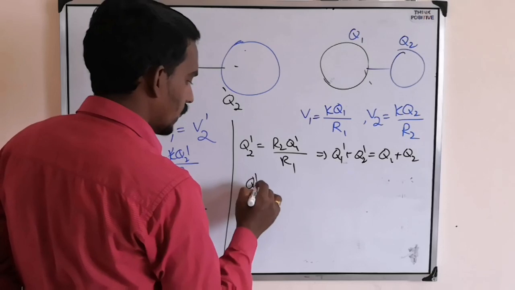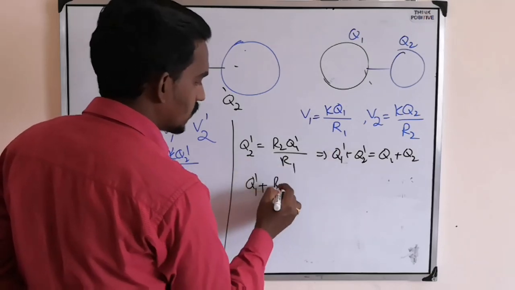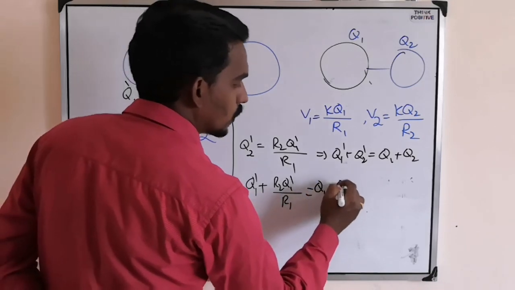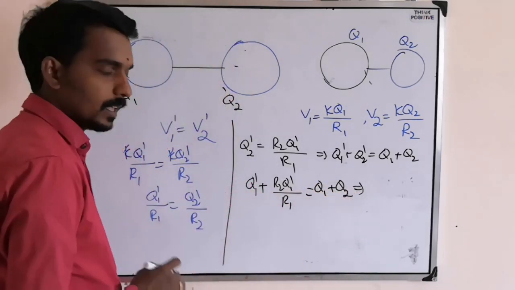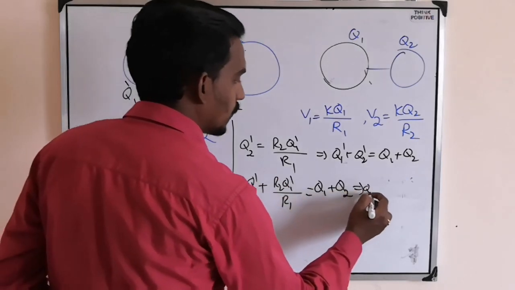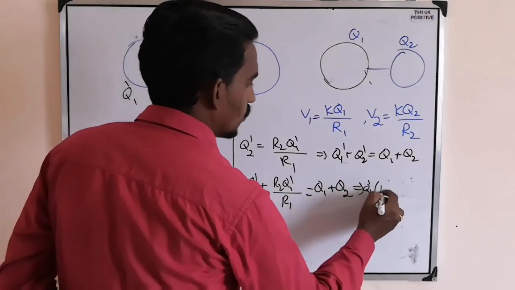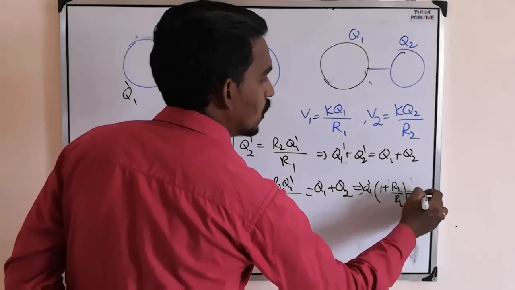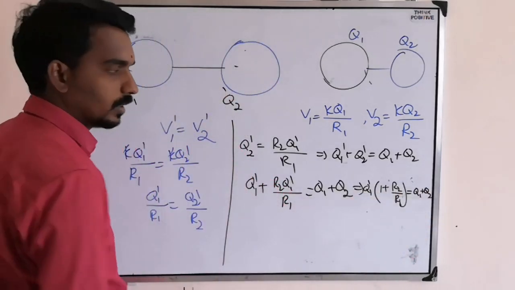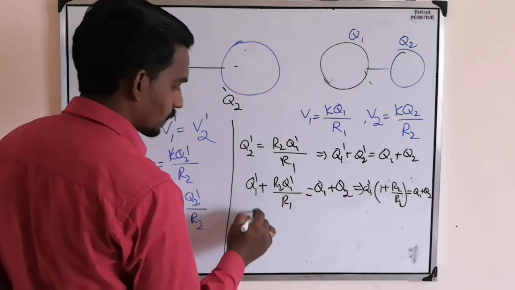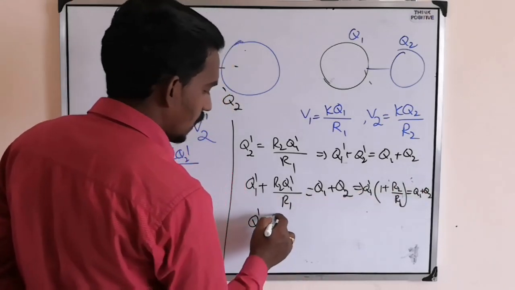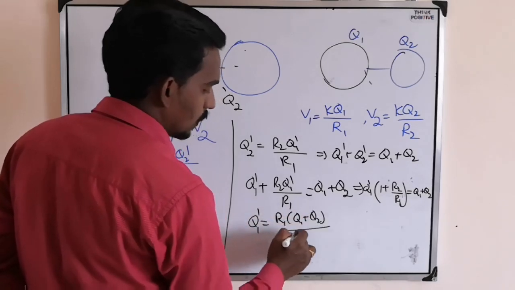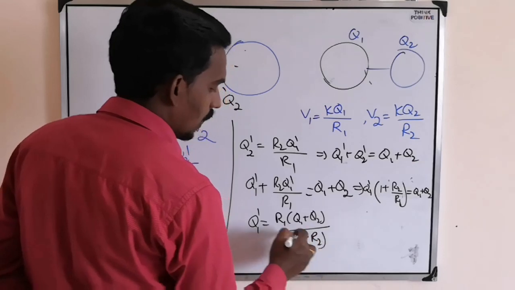So that q1 dash plus R2 q1 dash by R1 equal to q1 plus q2. Now if you take q1 dash common, it will become (1 plus R2 by R1) equal to q1 plus q2. Take LCM and take this side: q1 dash equals R1 into (q1 plus q2) by (R1 plus R2).